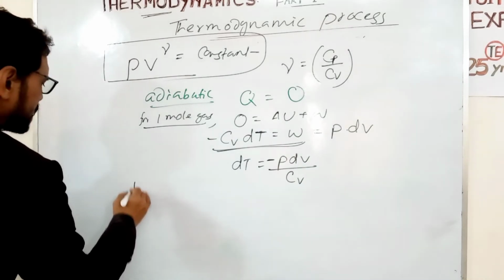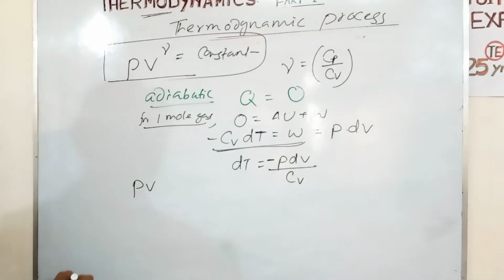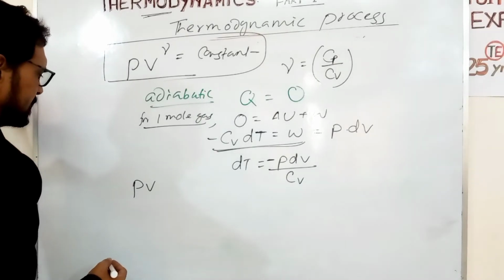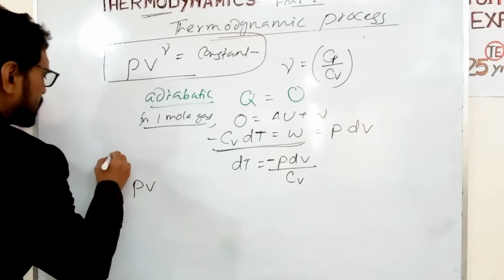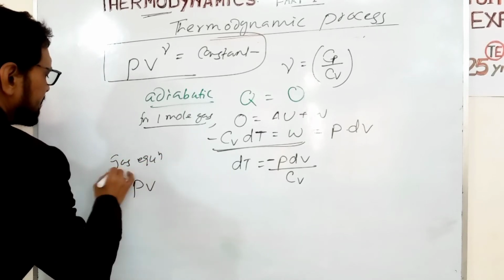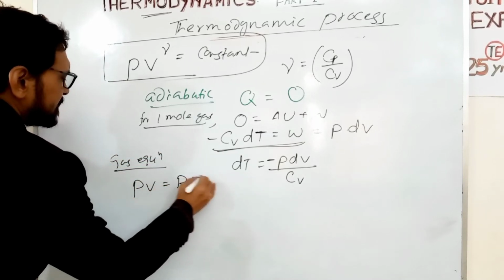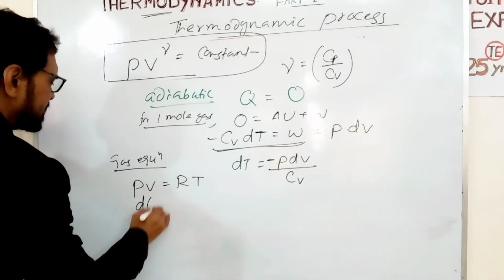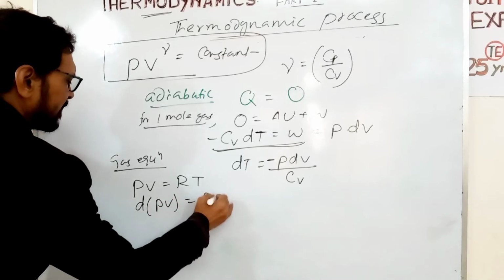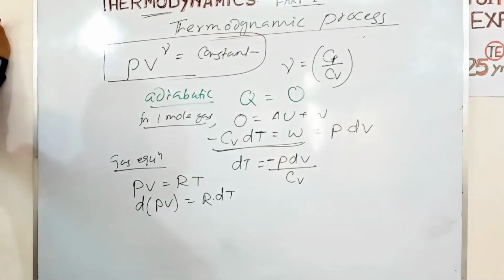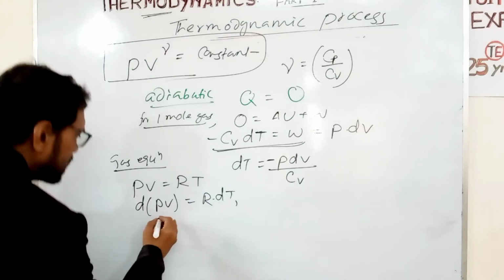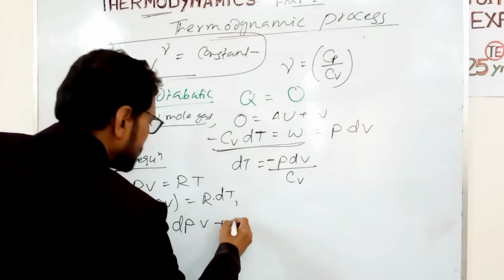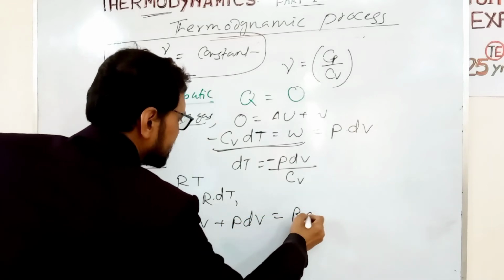Now we know the gas equation, PV equal to RT, for 1 mole of gas. If we differentiate both sides, we get V dP plus P dV equal to R dT.